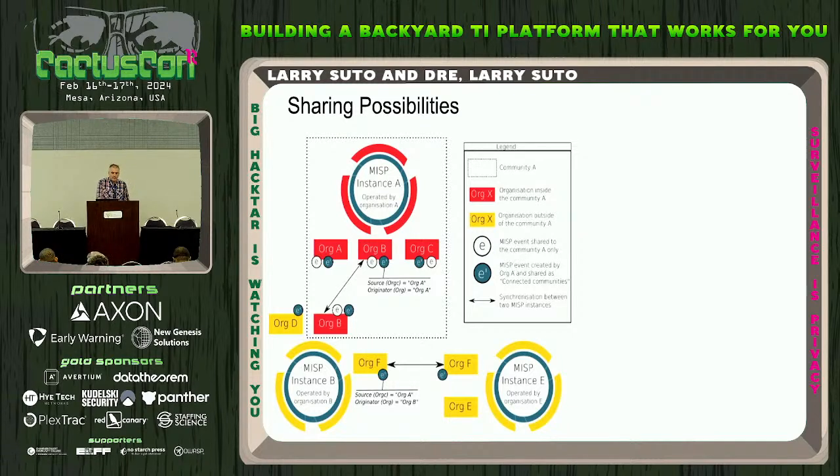So there's MISP instance A, which has a bunch of organizations in it, and if they create events, which are those little E's, and they want to share the E's, you could set up a group within MISP to share only the events that have certain tags or certain other labels to other organizations running on another instance somewhere else. So it's just a little map of how sharing can occur.